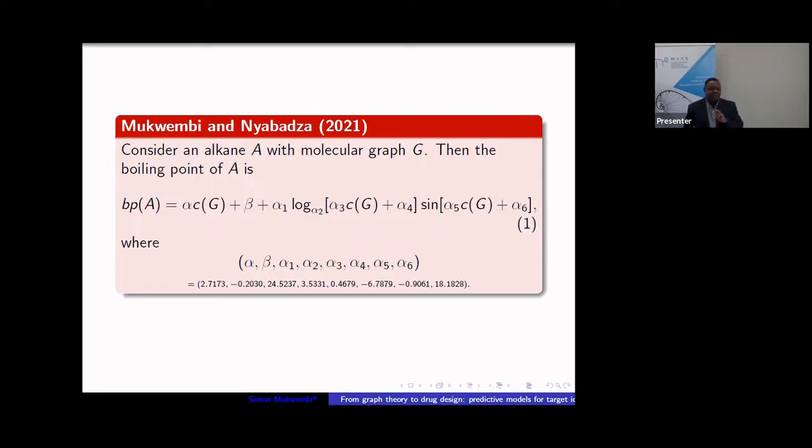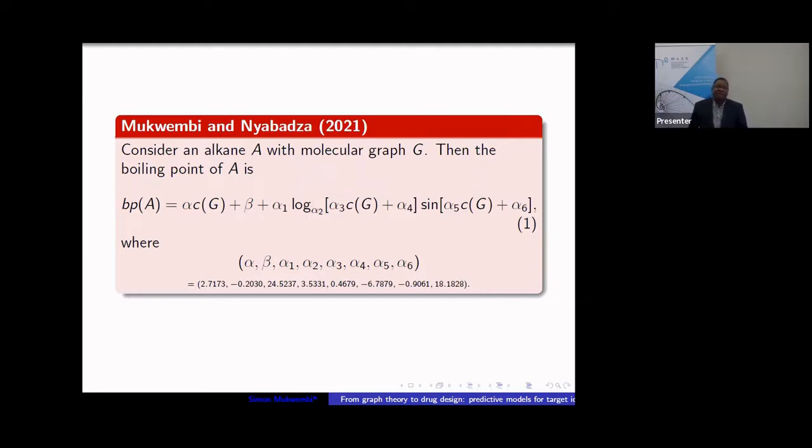So how exactly do you do it? You have an alkane A, represent the alkane as a graph, which is now a mathematical structure, and compute the conduction of the alkane, multiply by alpha, where your alpha is a constant given over there, 2.7173, add a constant beta, add a constant times log of alpha 3 times the conduction plus alpha 4 base 2, and multiply that result by sine of that quantity which we can see on the screen.